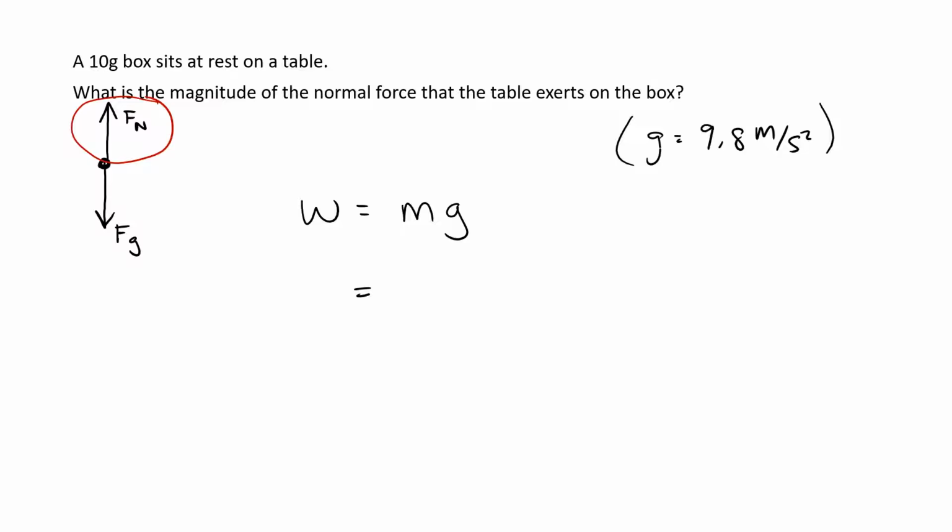We need to convert that value. 0.010 kilograms times 9.8. Someone with a calculator, if you could help me out, I don't have anything up here. So we will find the weight of this book, forcing downward.